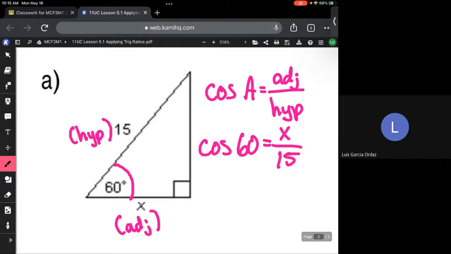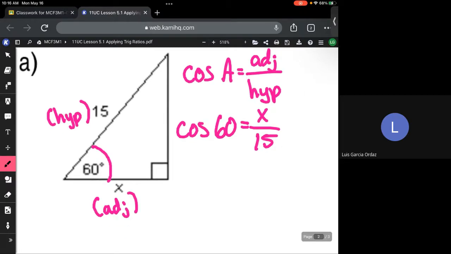So how do I get x by itself? Multiply both sides by 15. So I'm going to get 15 times cos of 60 is equal to x.